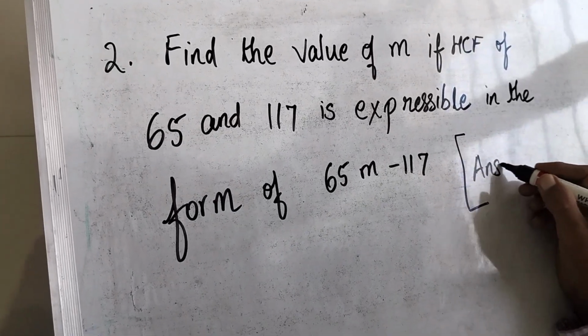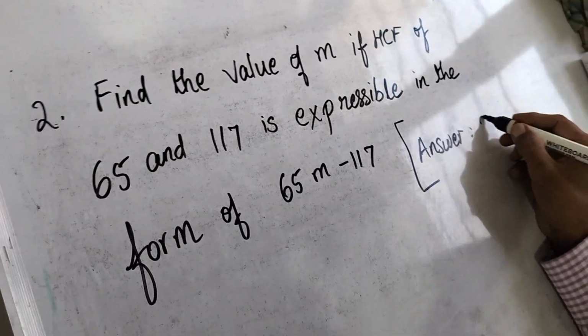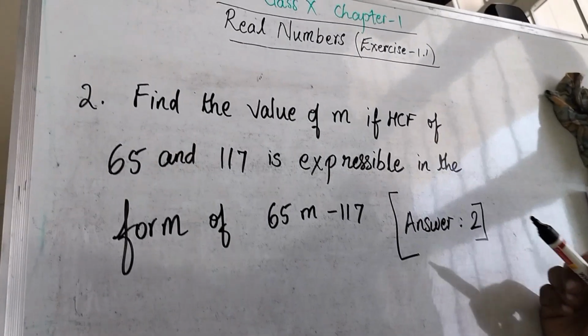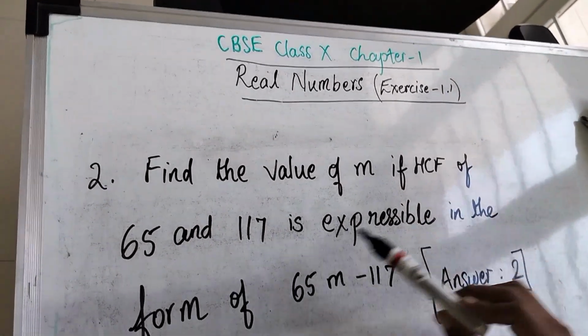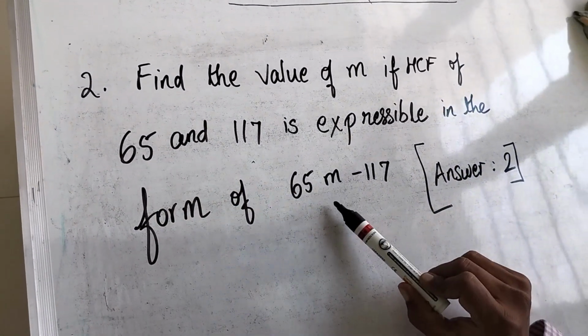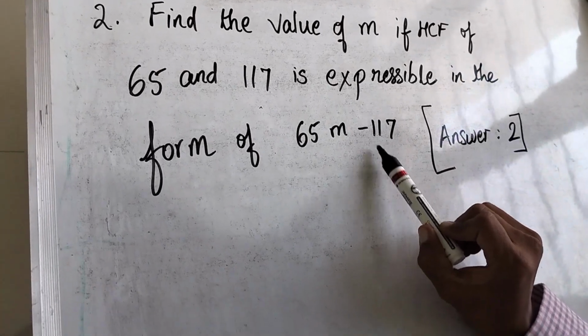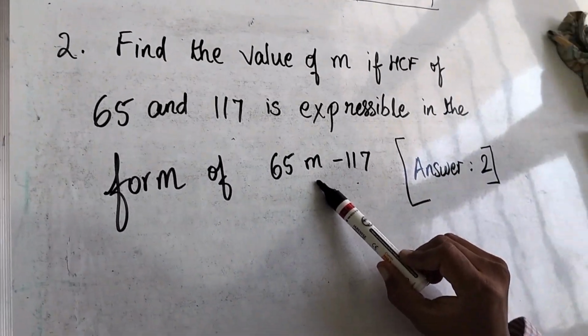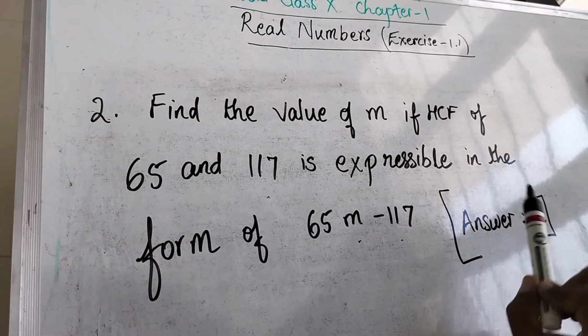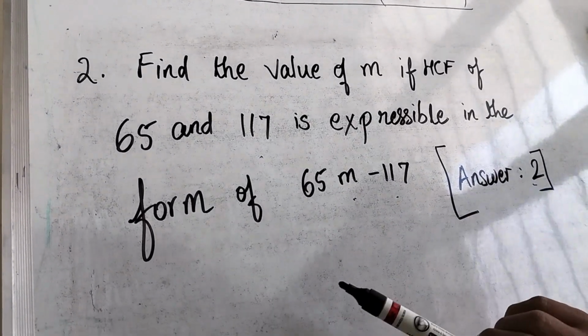Your answer for this question will be 2. It is a very simple question. You have to find the HCF of these two numbers and that will be equal to 65m minus 117 and find the value of m. So your value of m should come to be 2.